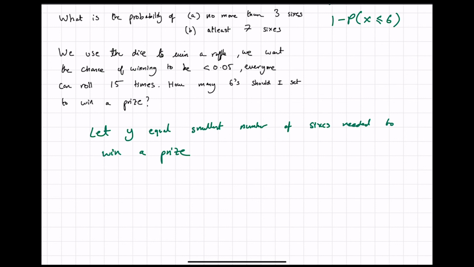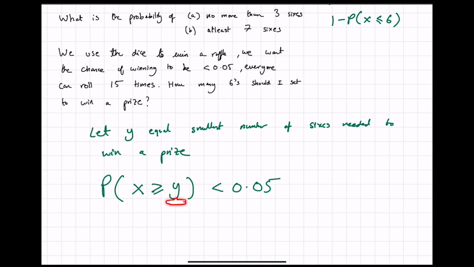So what we're trying to say is we want the probability that x is going to be more than or equal to this random thing that we called y to be less than 0.05. So let's see, what was x again? X is the number of 6s and y is the smallest number of 6s we need to win a prize. So we want our random variable x to be more than or equal to this value of y that we have.